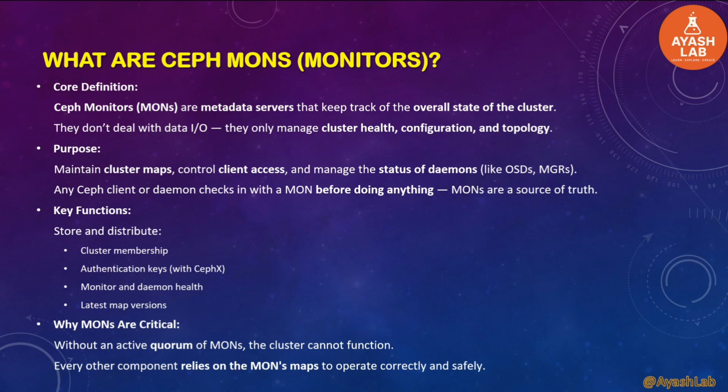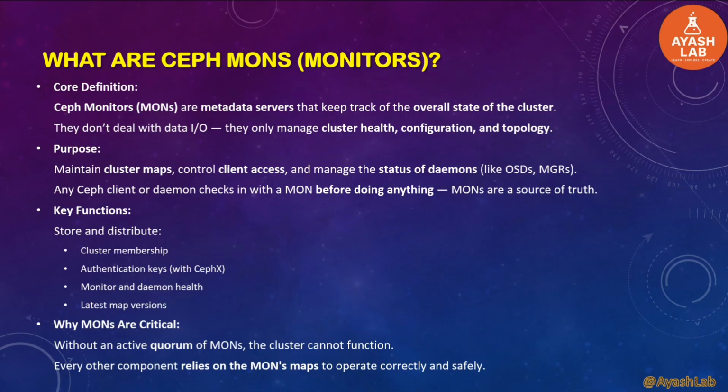And also remember this, even if Ceph is storing petabytes of data, if your MONs are down, your cluster is in trouble, because nothing knows what to do next. If your monitor is down, then the Ceph cluster will be in trouble, because how would it know where the data will go or where it will be stored?